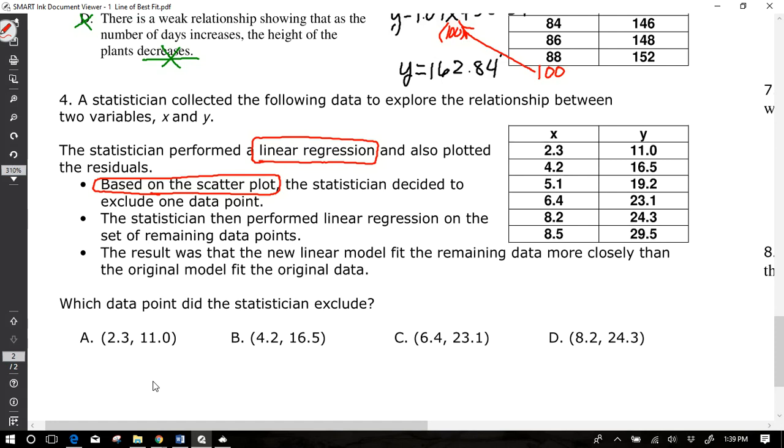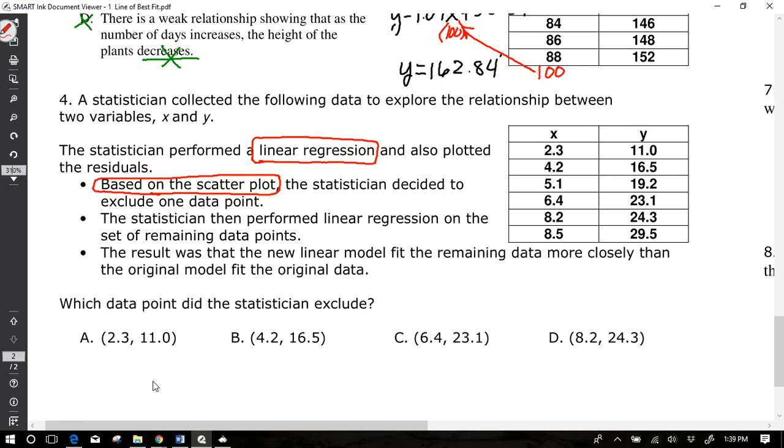The result was a new linear model that fit the remaining data more closely than the original model fit the data. Which data point did the statistician exclude? So my key things here that I see are scatter plot and linear regression.